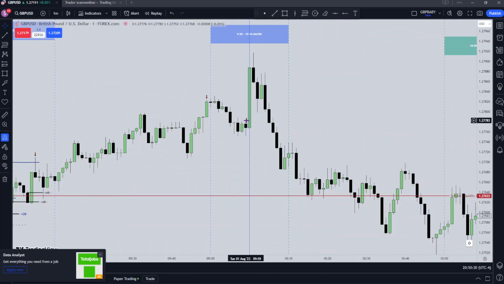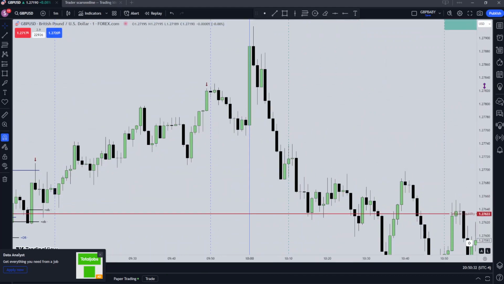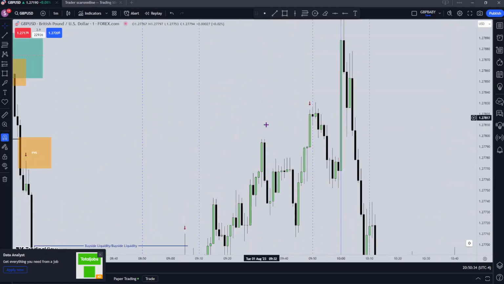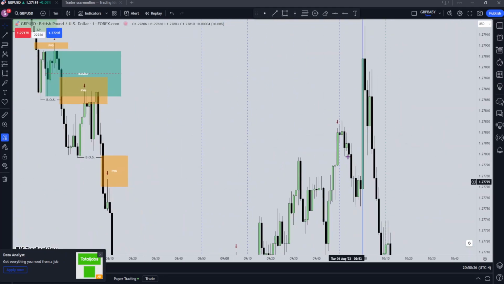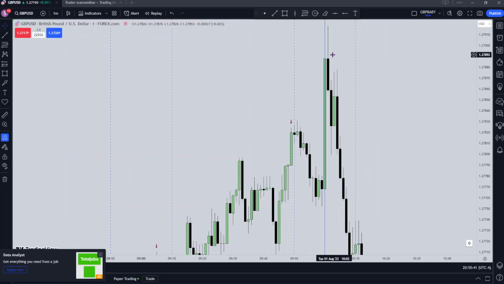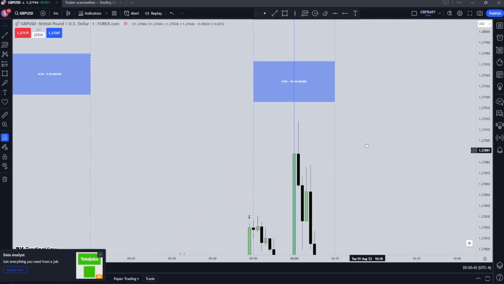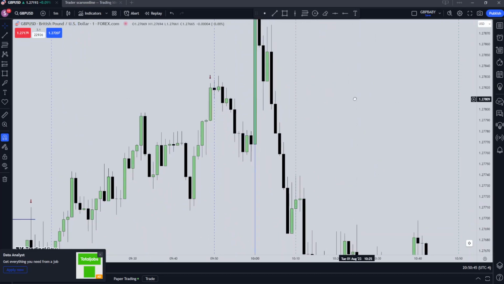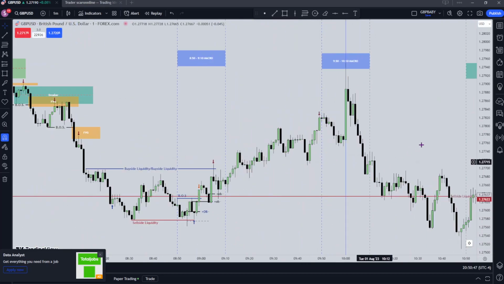And then what happens? We have another macro here and here. Whether we want to run into that, I don't know if I would enter this. This would be nerving for me. Beautiful, beautiful run up, but whether I do it or not is another story. But there is a fair value gap and an order block.